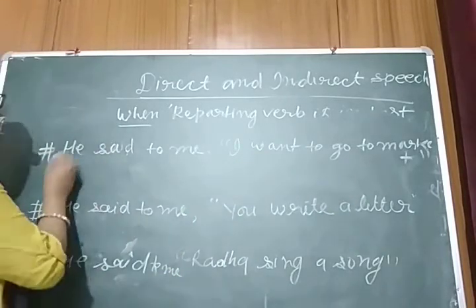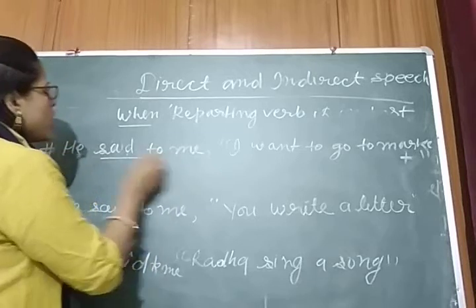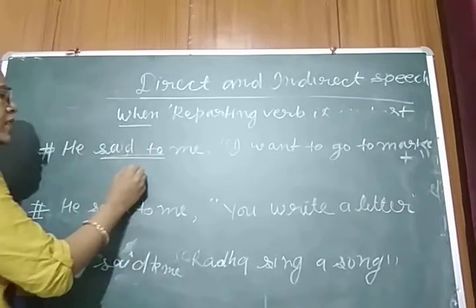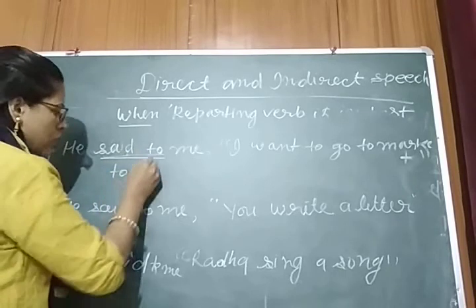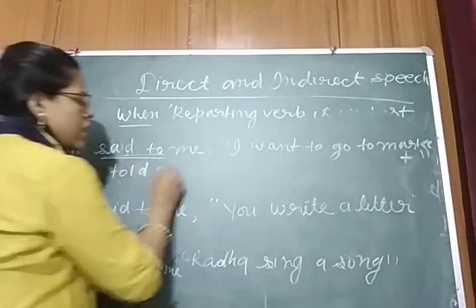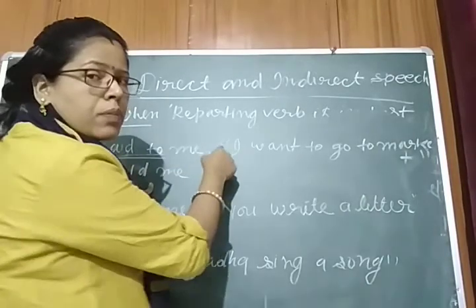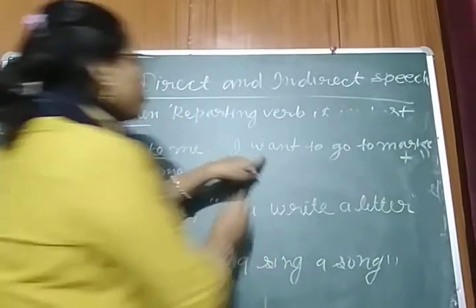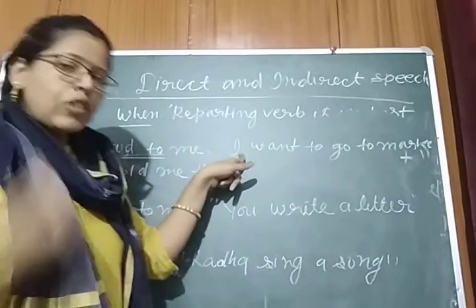At first, as I told you, change the reporting verb. Here "said to" is given, so it will be changed into "told". So I will write here, he told me, then we will remove the double inverted commas and write "that". Now see here, "I" is first person.